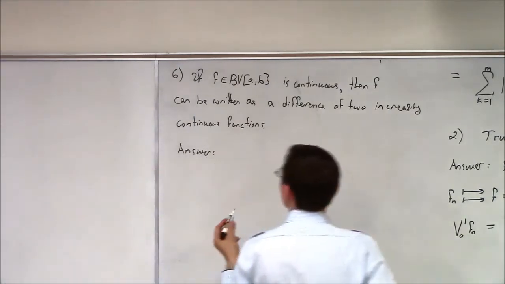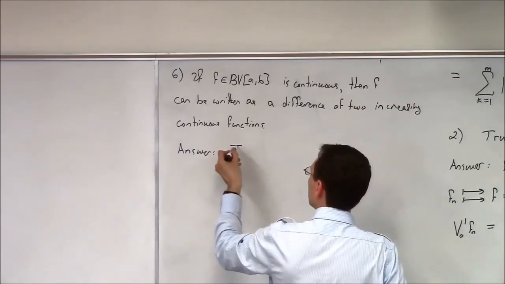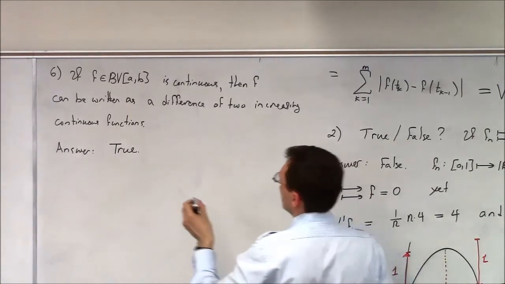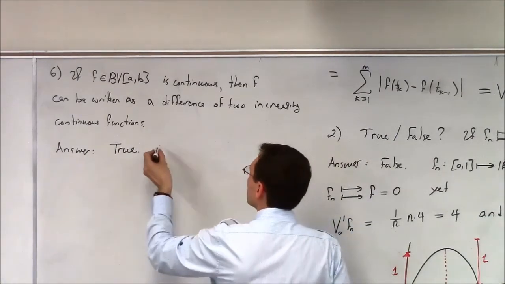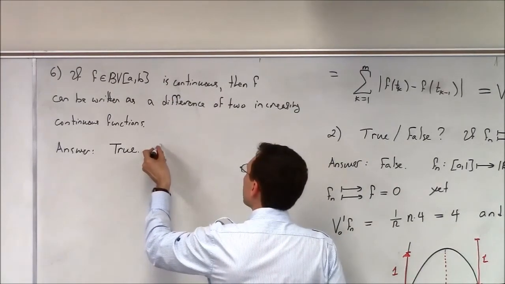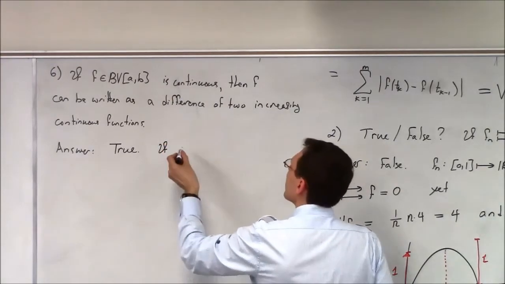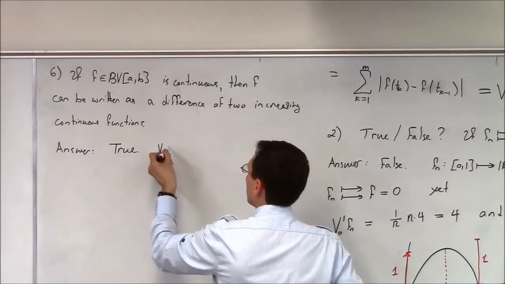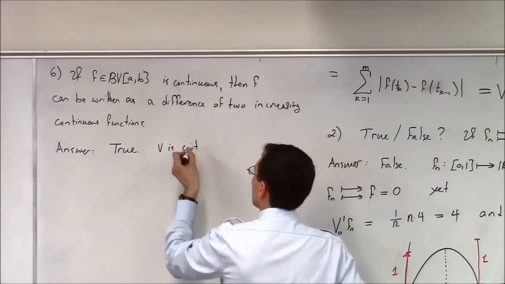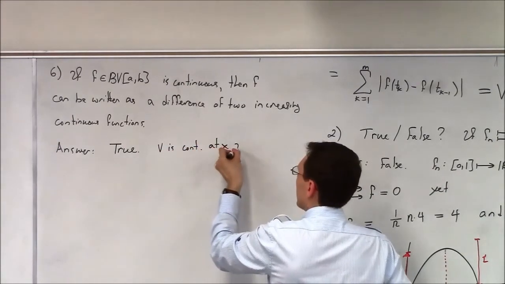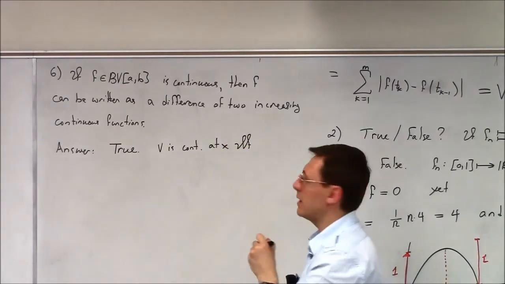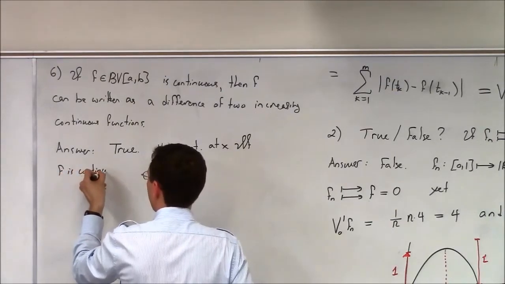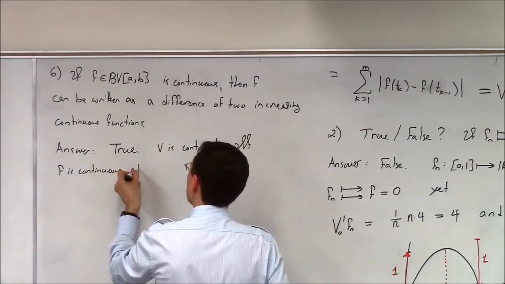So the answer is actually true. And here's just one thing that you want to recall. We proved last time, or basically I even wrote it down, that V is continuous at x, and that's the interesting part, if and only if f is continuous at x.